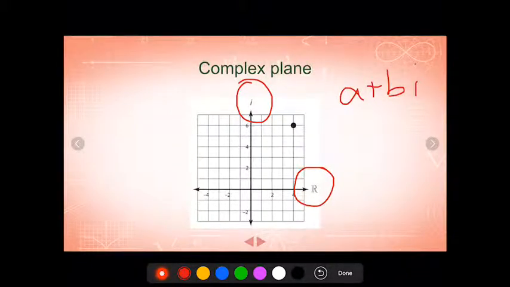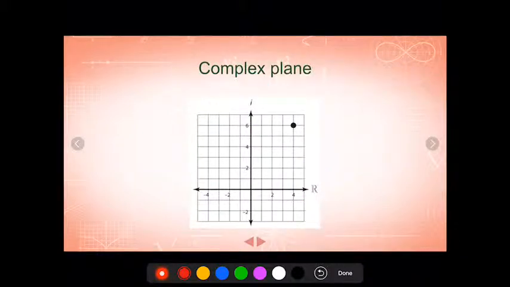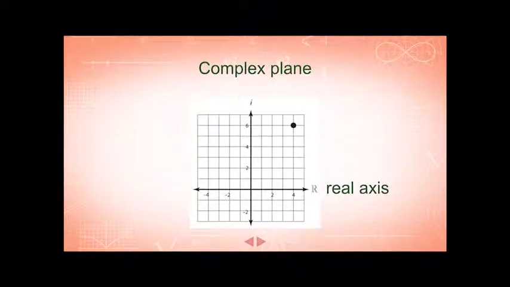Again, I'm sorry I have to write with my finger here, my Apple Pencil I don't have with me. So a plus bi is the complex form, where a is the real number and b is the imaginary number. So this graph here is just showing a relationship between the two. You have the real axis and the imaginary axis, and that coordinate there, that black dot, is literally 4 plus 6i.